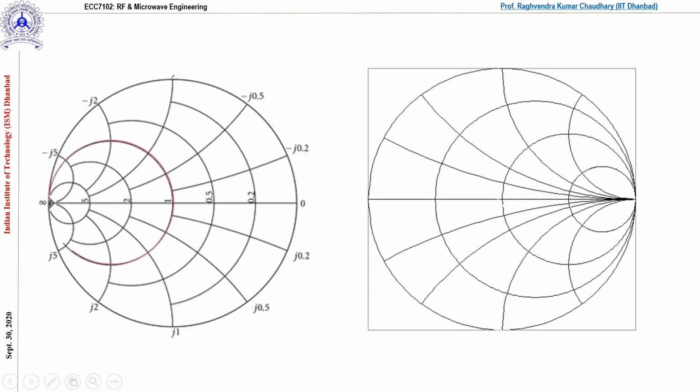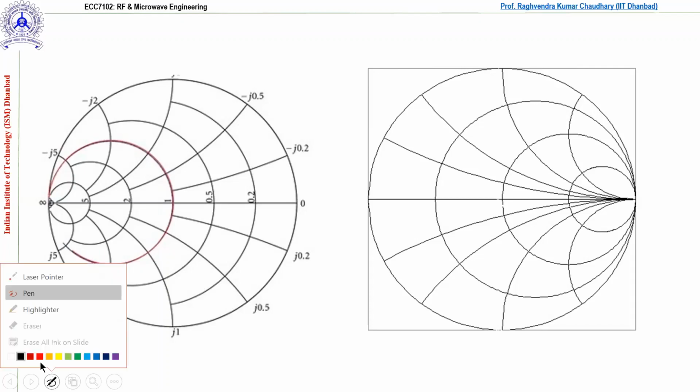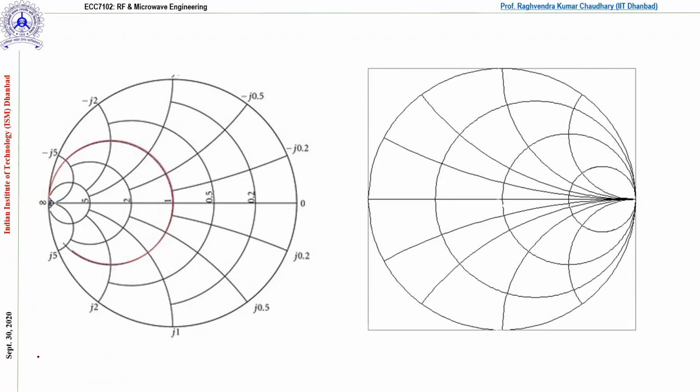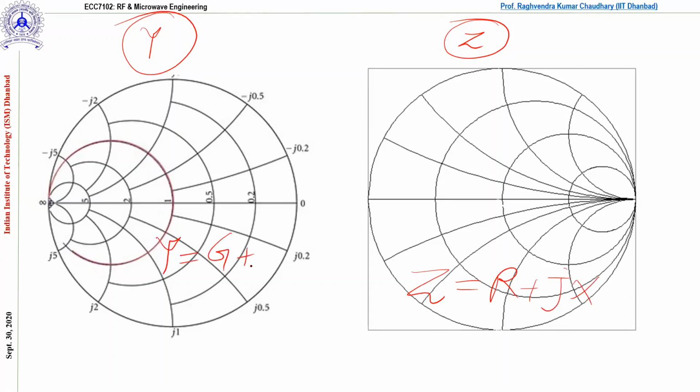Fine. So now I'll show you this. These are two Smith charts. This one is what we have studied so far, the impedance Smith chart, and this is the admittance Smith chart. This is z equal to r plus jx, whereas this is y equal to g plus jb.